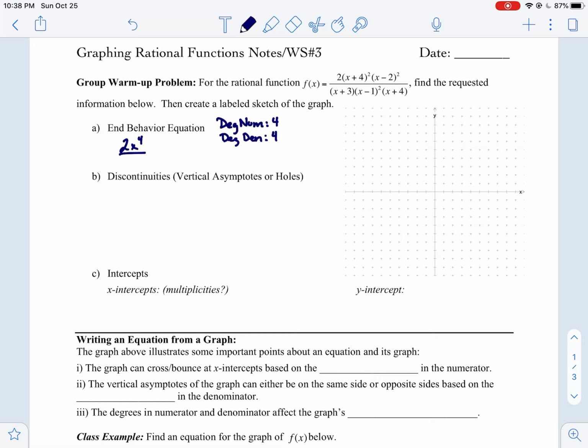And again, we don't care about any of the lower stuff. We would have had on the bottom just an x to the 4th. So that would simplify to just 2. So it looks like we're going to have an end behavior equation at y equals 2.